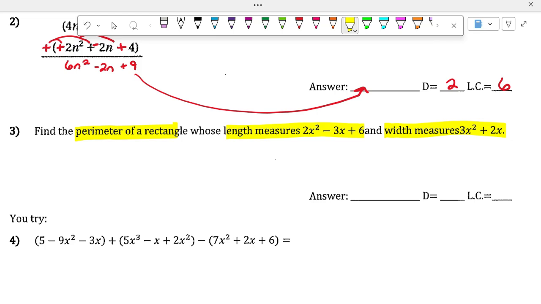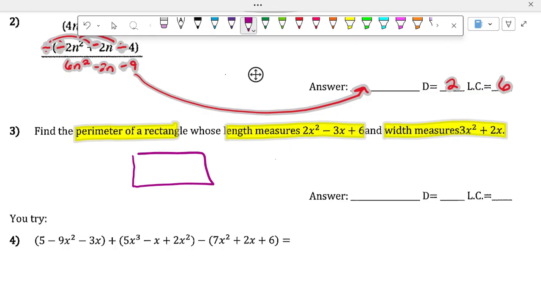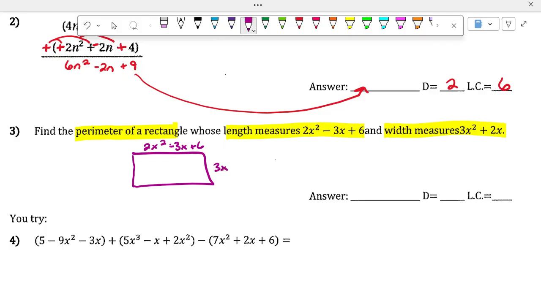So perimeter means what? Add up all the sides. So if we have a rectangle, one side is 2x squared minus 3x plus 6. The other side is 3x squared plus 2x. What's this side? The 2x squared minus 3x plus 6. And what's this side? 3x squared plus 2x.